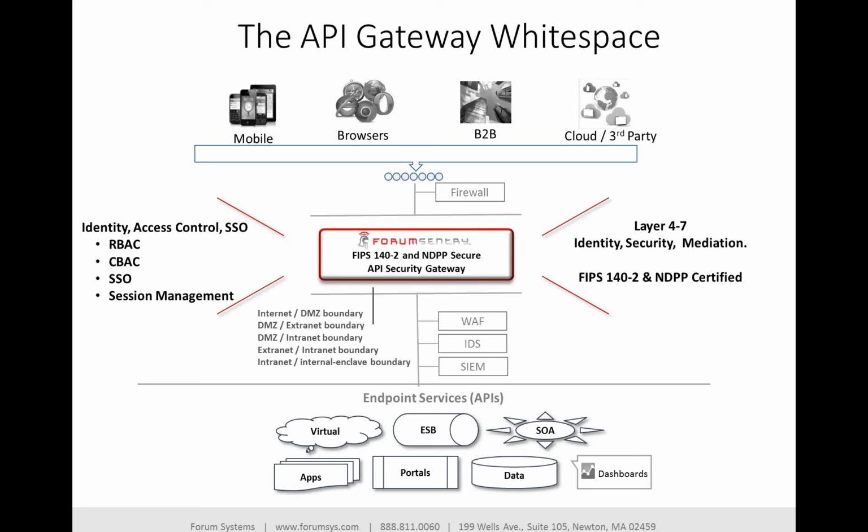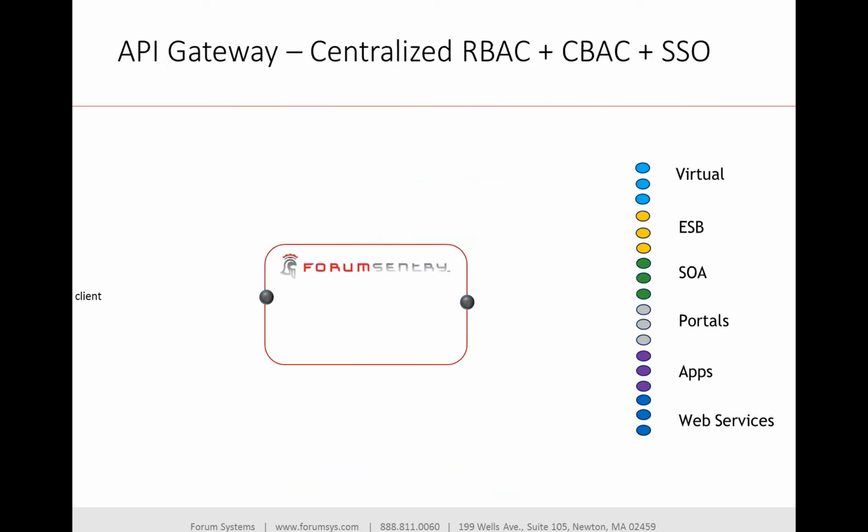This component effectively allows you to centralize the identity component of that decision at that same layer, and that abstraction gains tremendous efficiencies in unifying that across the different variant spectrum of APIs that sit behind it. The virtual infrastructures, private clouds, ESBs, SOA infrastructures, portals, all are eligible transaction data flows that can be centralized through the API gateway to give you that secure access control and SSO with simple policy artifacts.